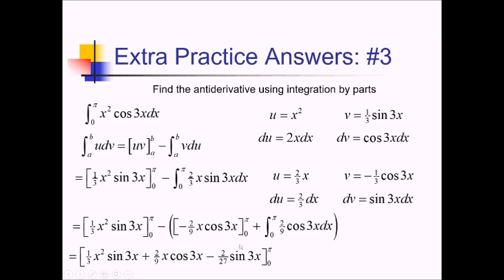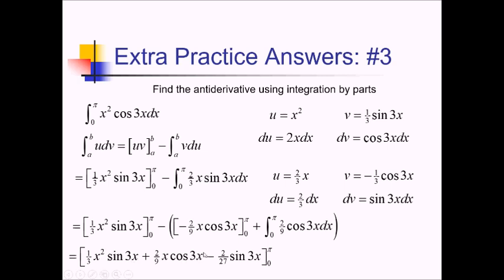Okay, well, I'm almost there. Now I actually have to plug pi into all this stuff and plug 0 into all this stuff and subtract. Now I'm kind of running out of space here, so I'm going to skip writing down a step. If I plug pi into all of these things, let's see what I get. So I've got sine of 3 pi, which is going to be 0, so that zeroes out that first term.